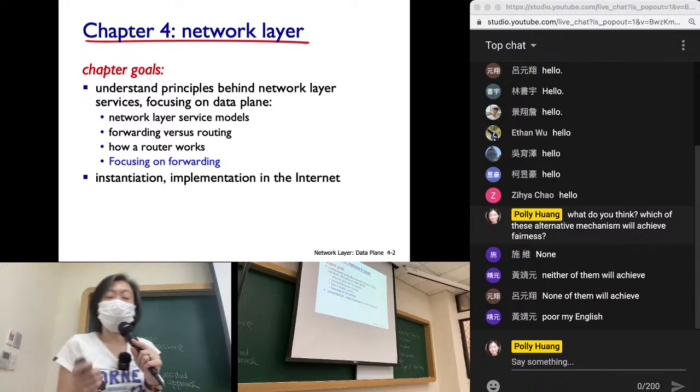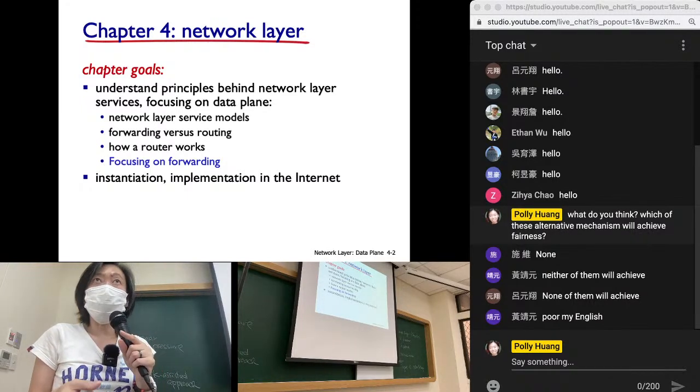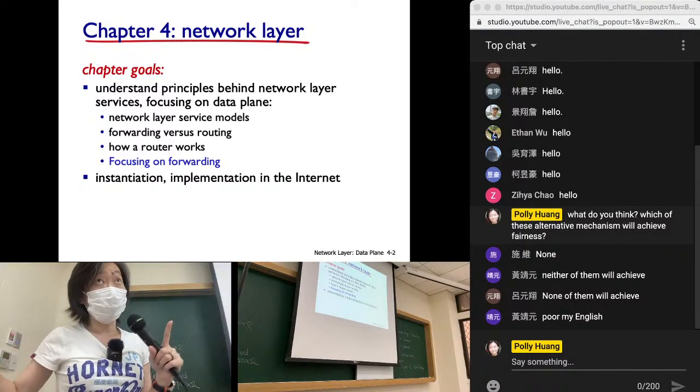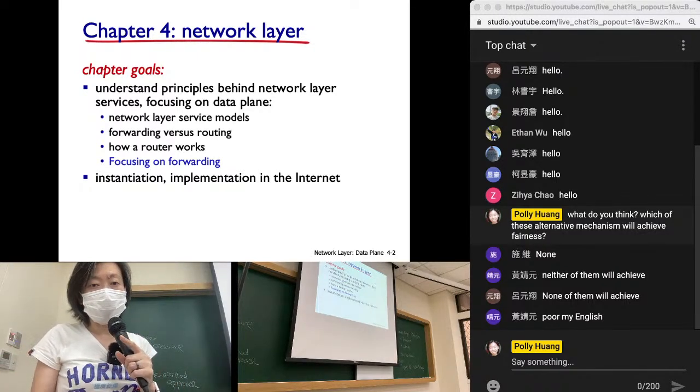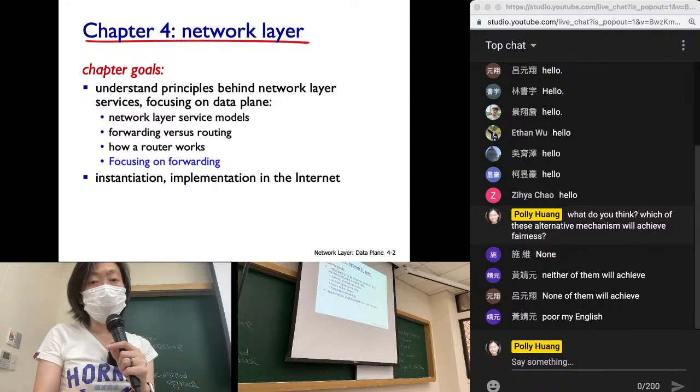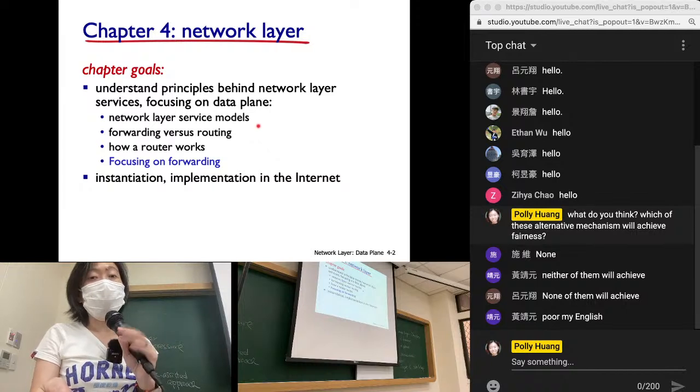So the goal for this chapter is to focus on one of the major functionalities in the network layer, which is this one here, forwarding. But in addition to talking about forwarding, to begin with, I need to give you an overview. So we'll be starting by talking about what the functionality of the network layer is in general, and what are ways of providing these functionalities.